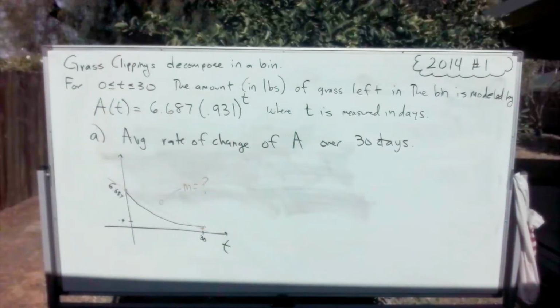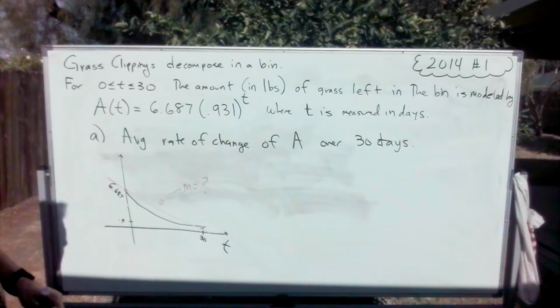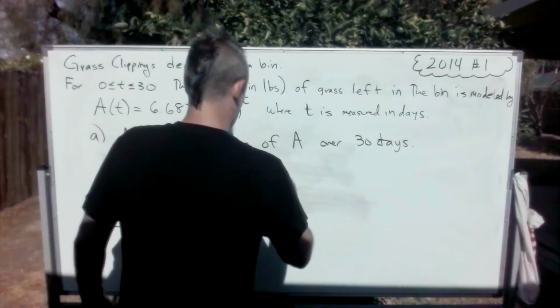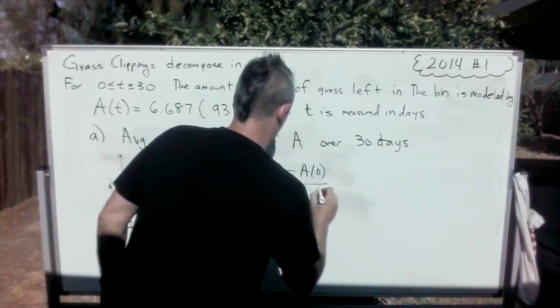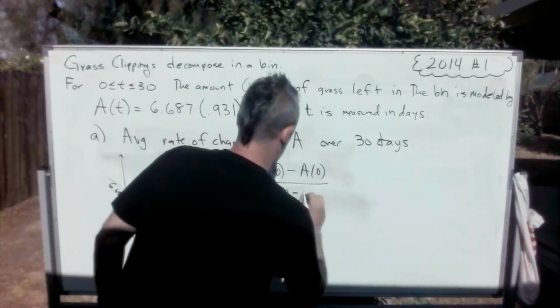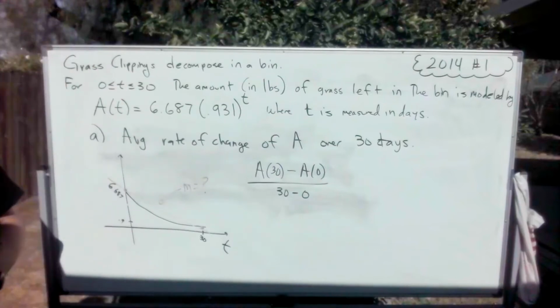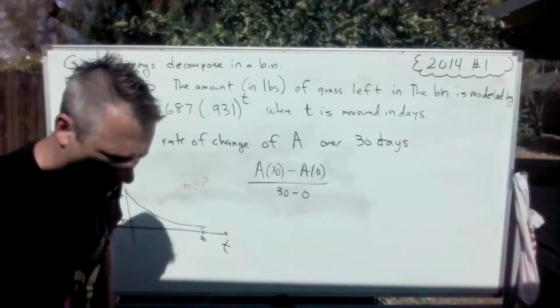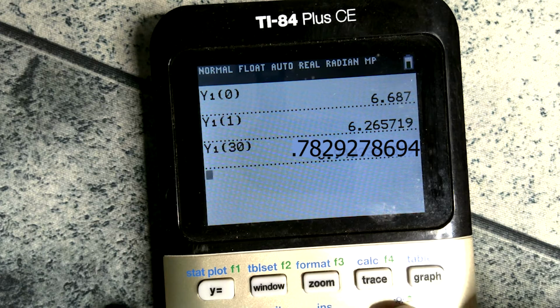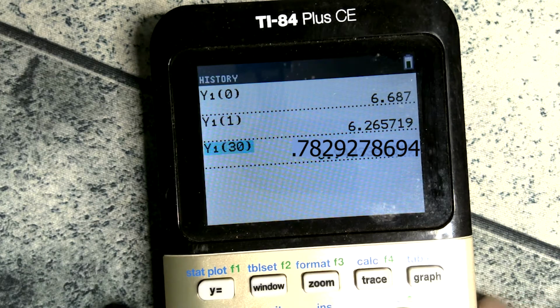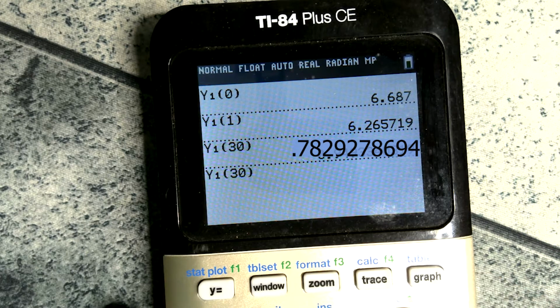Well, this is very easy to calculate. Change in y over change in x. Very simple. So this is simply A of 30 minus A of 0 over 30 minus 0. So that's what it's asking us for. And like I said, we can calculate this really simply. I already asked for A of 30 minus A of 0.